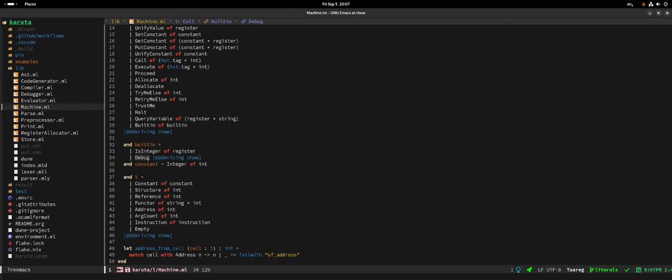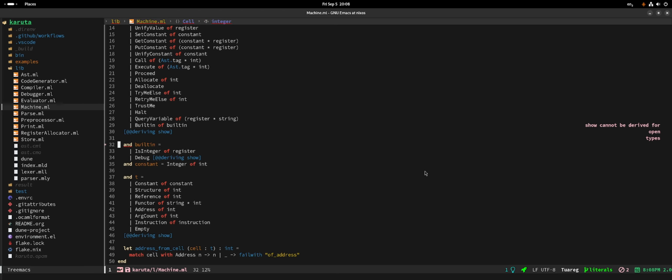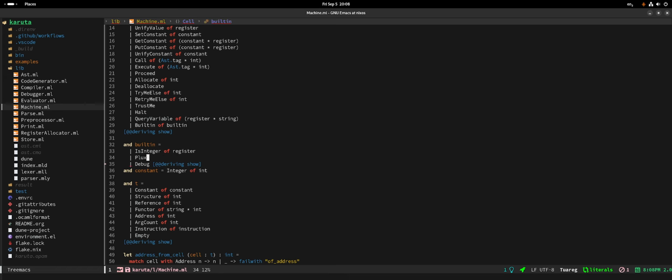We're going to have is integer, plus integer, minus integer, mod integer, and so on and so forth. Do we want to put an integer and then do all the operations related to integer in a separate thing and then put that in the built-in, or are we going to mix everything in the built-in? I'd rather just put everything in the built-in, because otherwise it's another layer of nesting. I'd rather avoid that.